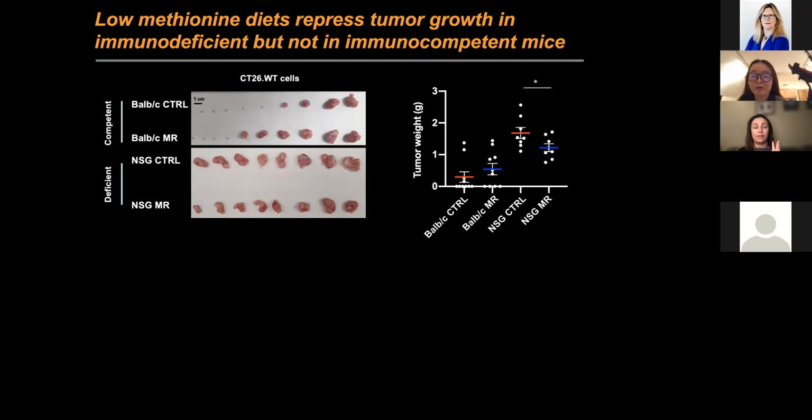Since we are very naive in immunology, we decided to use NSG mice, which are among the most immunocompromised mice, lacking B cells, T cells, and NK cells, as a control.